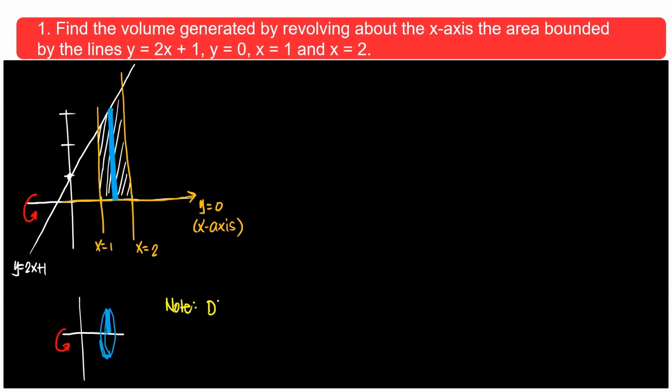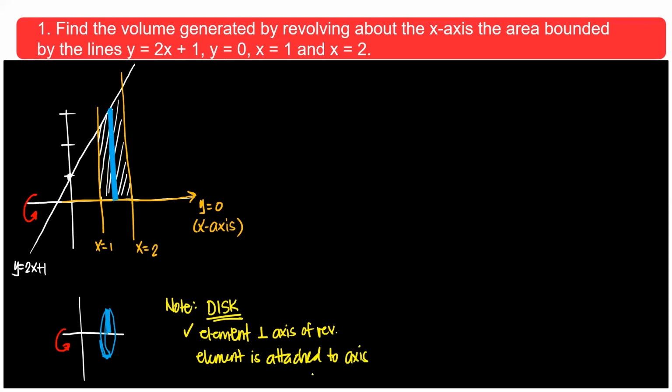Because the element is perpendicular to the axis of revolution, and the element is attached to the axis all the time. What does this mean? This means that there's no hole. Okay, I'll explain this to you later on.